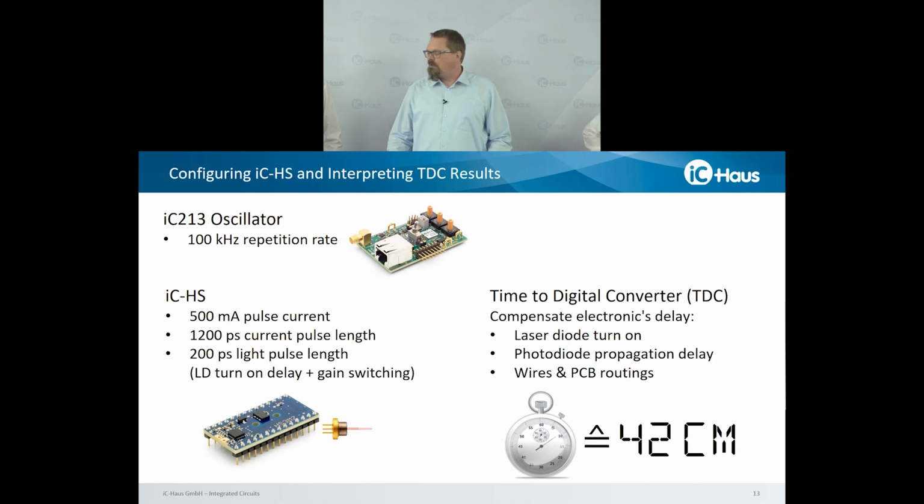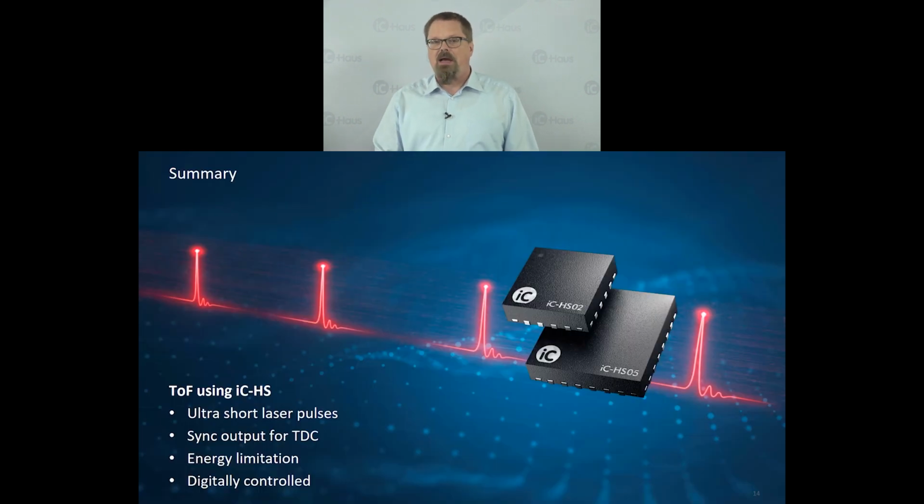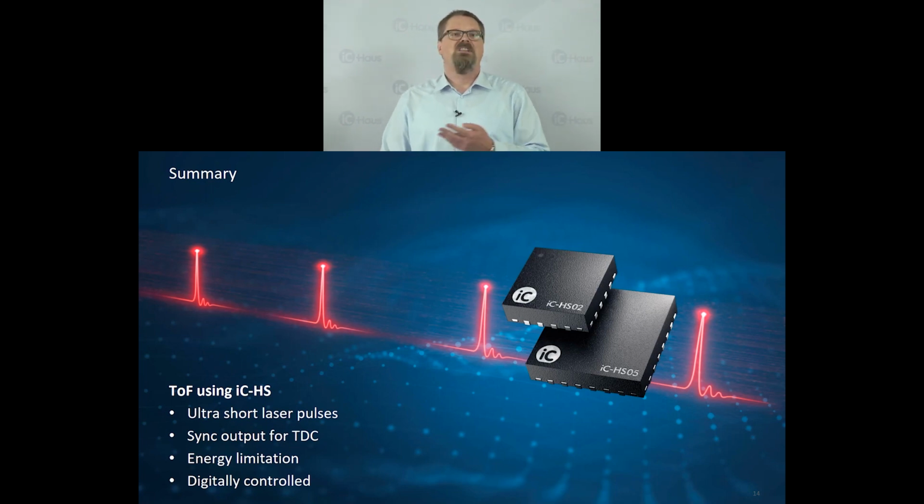Very impressive. Thanks a lot, Stefan, for setting up this demonstration and explaining the selection criteria for all these key components. I'd like to summarize these again for the iC-HS. Why is the iC-HS so beneficial for these type of applications? Well, it enables ultra-short laser pulses required for this type of application with up to 500 milliamps of output current.